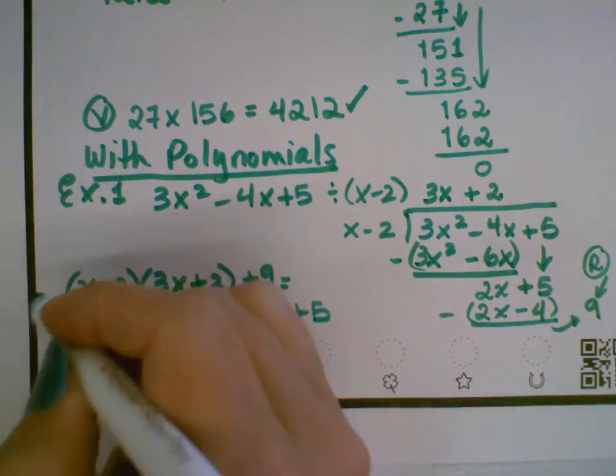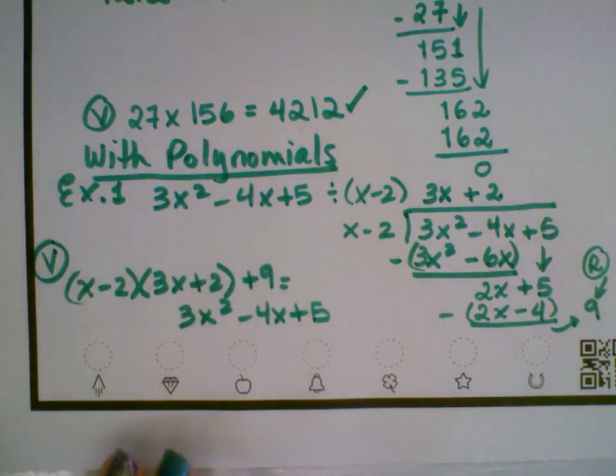And you should be able to verify that. You should be able to distribute in and do the multiplication, FOIL, if you learned that method, and then add 9, and it should land you at this trinomial. You want to verify that to be certain that you haven't made any mistakes.